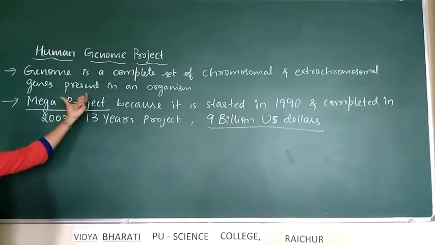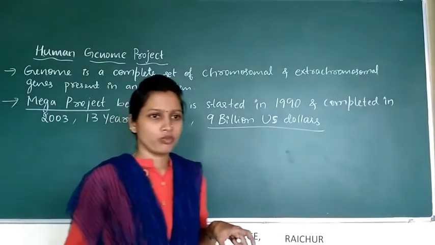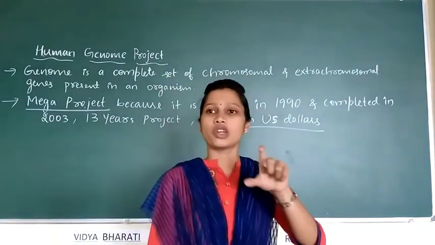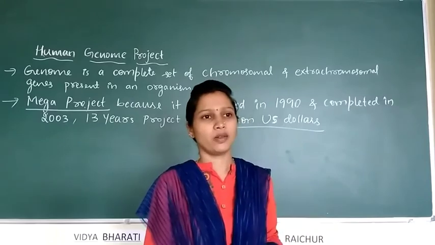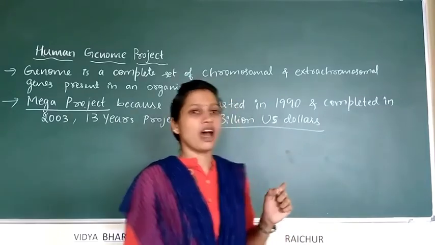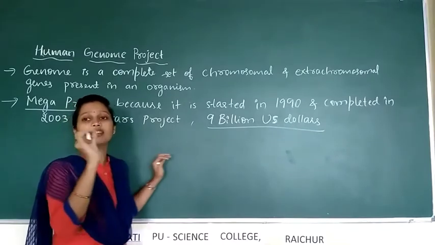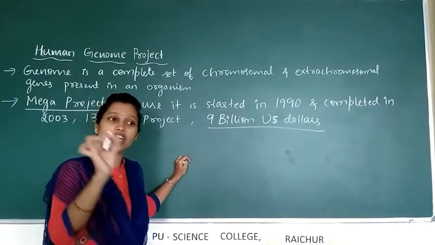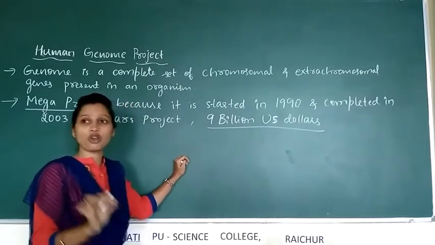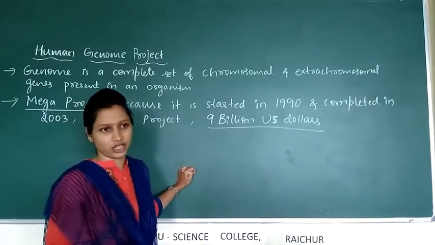The main intention of this project is to study the genome, or all the genes present in the human body. Means after this project, one should be able to identify each and every gene, the location of that gene and the function of that particular gene.